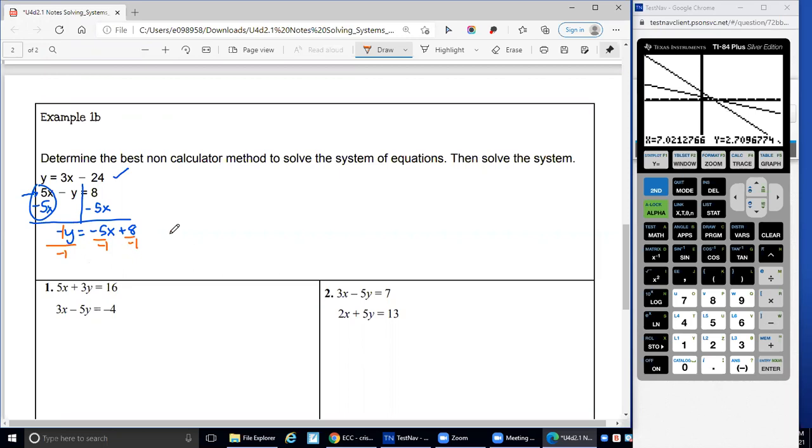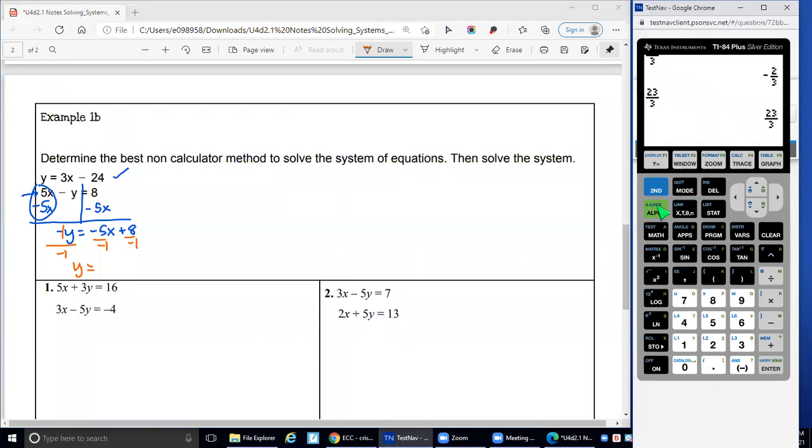And we end up with y equals, and I'm going to put this in my calculator. Second mode to quit. Alpha y equals 1, that's negative 5 over negative 1, that's positive 5x. And then this one, 8 down, negative 1 to the right, and enter, and you have negative 8.